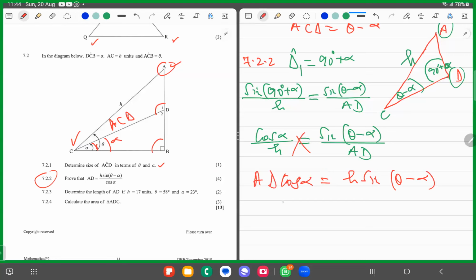And therefore, you're able to get AD if you divide by cosine alpha, which means AD is the same as H, the sine of theta minus alpha, divided by cosine alpha. 7.2.3, so this becomes the answer.